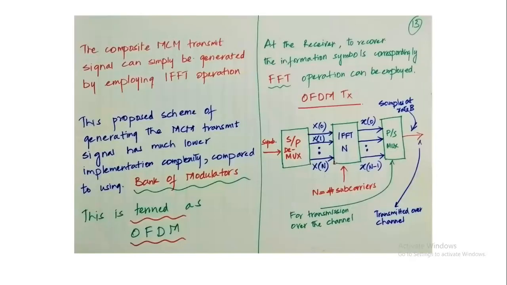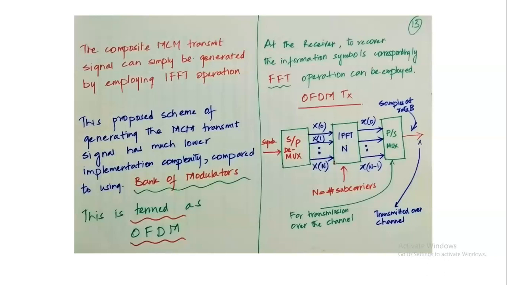We discussed before the multi-carrier modulation schemes, that the composite MCM transmit signal can simply be generated by employing the IFFT operation. What this scheme offers is much lower implementation complexity compared to using a bank of T modulators at the transmitter side and a bank of T modulators at the receiver side.